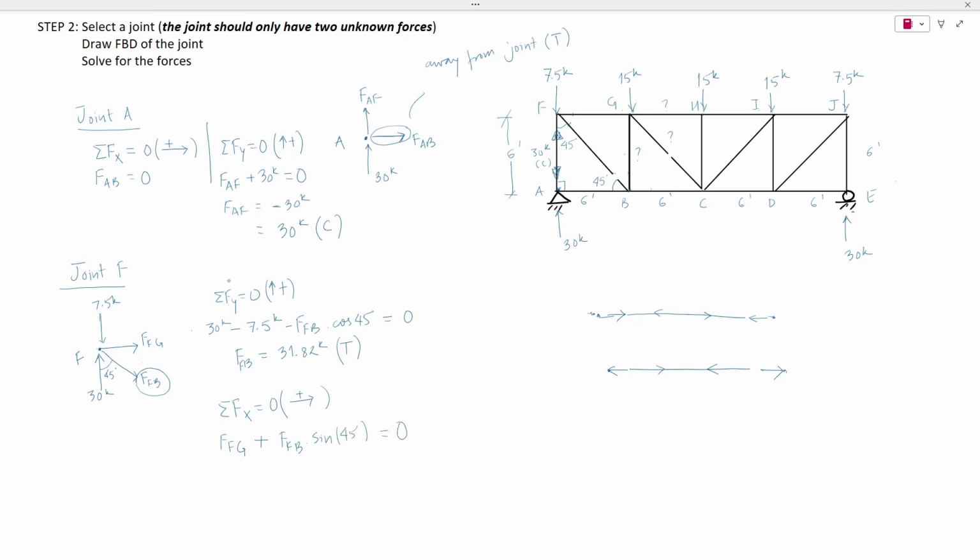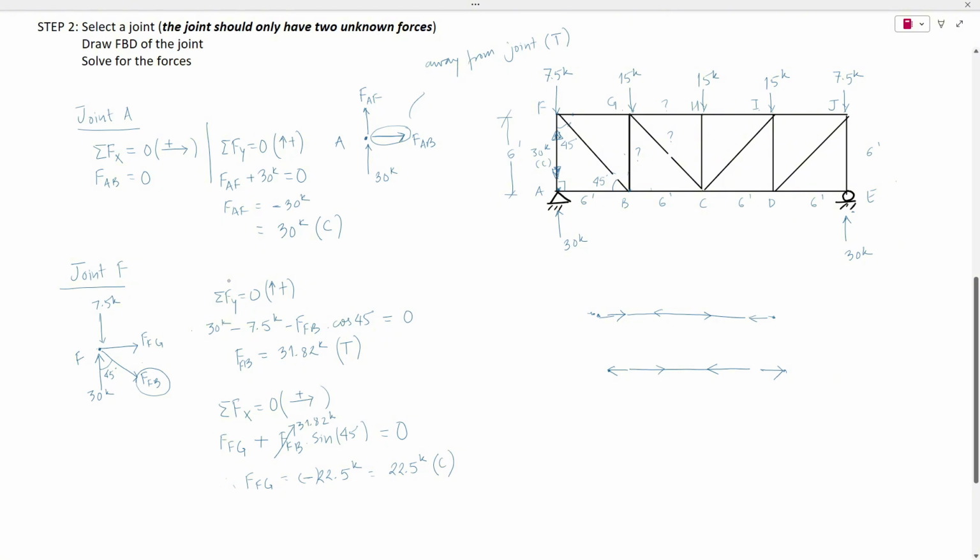Summation would be 0. We just found out FFB to be 31.82 kips, so member force FG would be negative 22.5 kips. So negative indicates that our assumption is wrong. This member is actually 22.5 kips in compression.